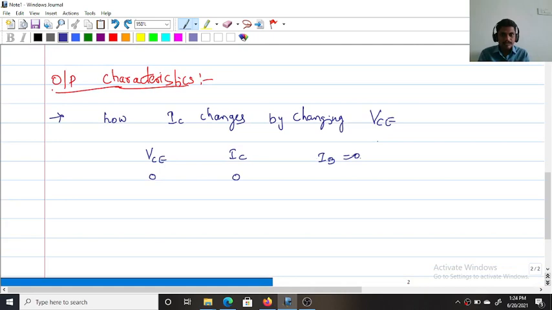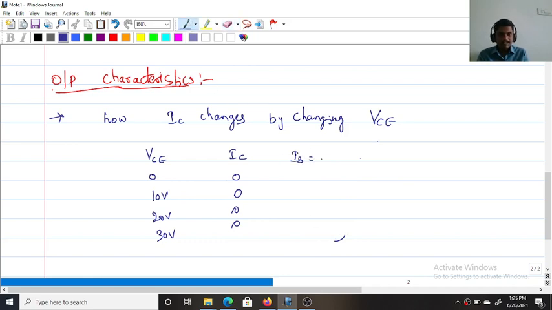When IB is 0, for example at 10 volts, 20 volts, 30 volts, IC becomes 0 only. Whatever the change in the emitter to collector voltage, there will be no change in the collector current. That is why the base current should be kept constant.